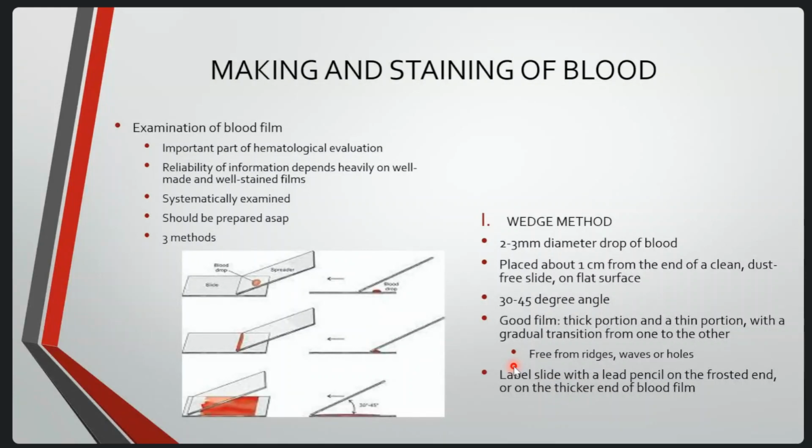Here, you drop a 2 to 3 millimeter diameter drop of blood, then you place it about 1 cm from the end of a clean, dust-free slide on a flat surface. Then you use another slide at a 30 to 45 degree angle and sweep it to the end of the slide, so that a good film should have a thick portion here and a thin portion with a gradual transition from one another that is free from ridges, waves, or holes.